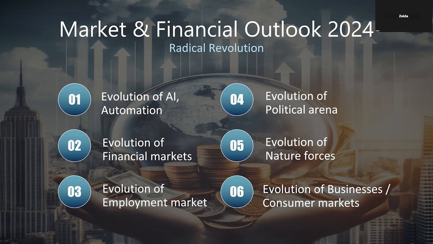Whether it is AI, or a different style of financial market, not the traditional style of just trading or investing in stocks and shares. With all this evolution, it could impact the appreciation value. So we have to be very careful.